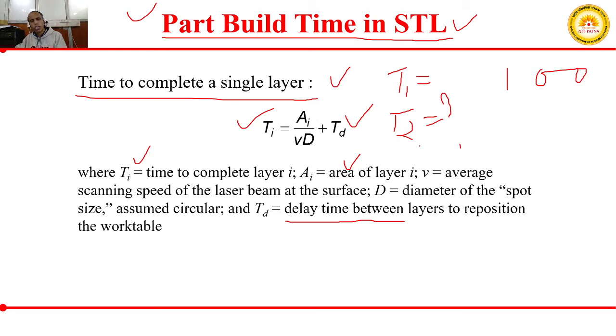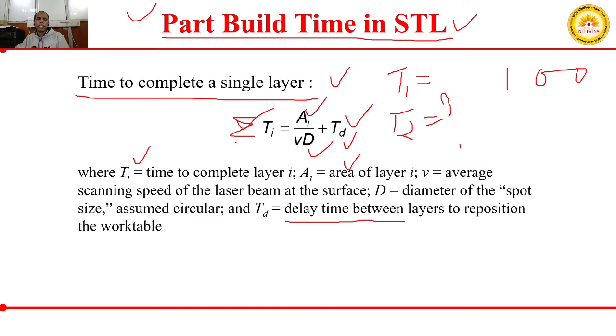T1, T2, T3 may be different, or may be the same if these parameters are the same. If you are printing a component which has 100 layers or 1000 layers, you can calculate the total time to print any CAD model or any STL file based on the number of layers.